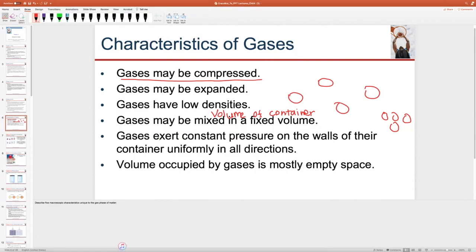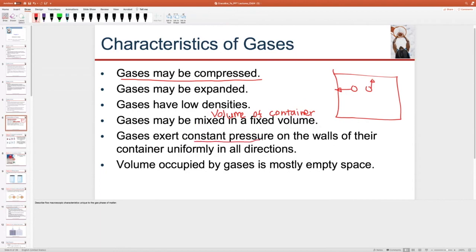So for this part here, when the gas molecules are inside the container, they're stuck in there, right? They bounce in the container as they're moving around. So when you have gas molecules inside the container, these molecules bounce on the walls of the container. And that's how we get the gas pressure.